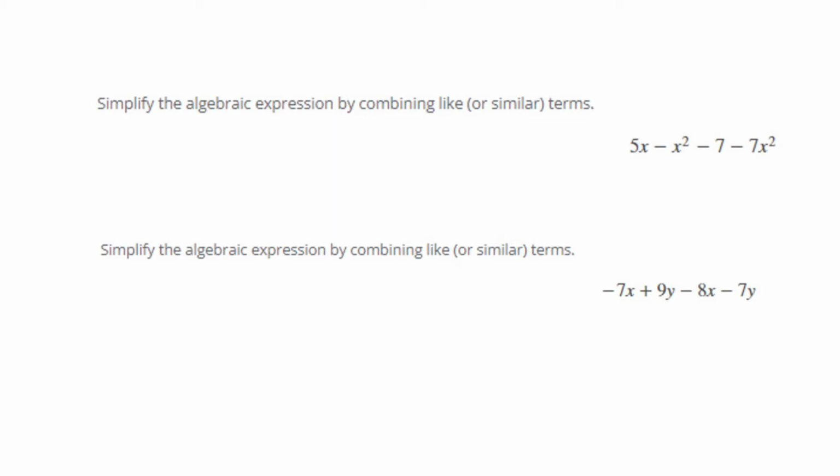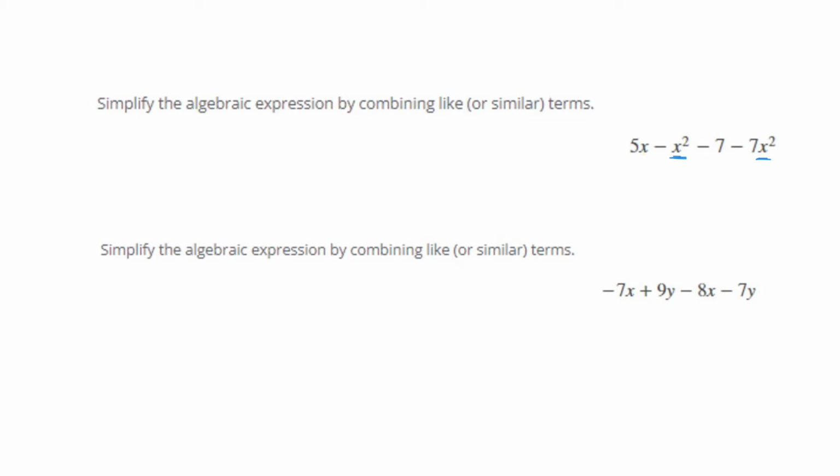So I'm looking at the variable parts on them. If the variable parts match, then they are called like terms. And when I say match, they have to be exactly the same. So what I see in this one that matches is this x squared and this x squared. Those variable parts are identical. Now this x that's here by itself, that's not identical, so it's not a like term.